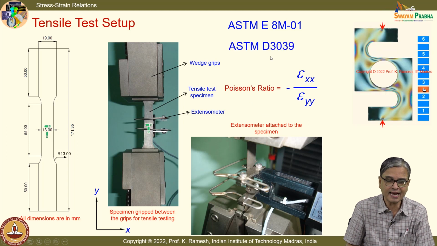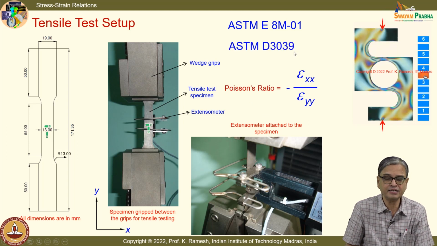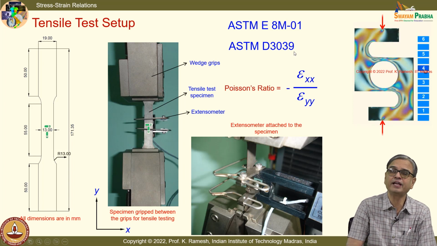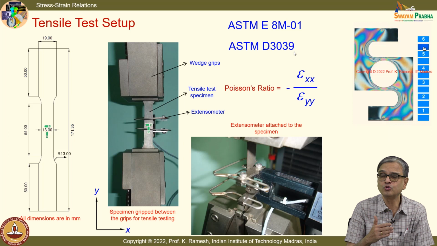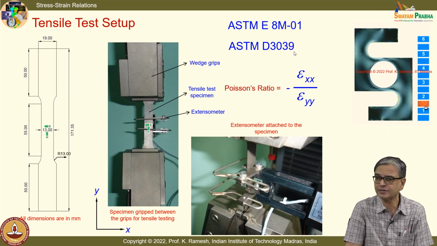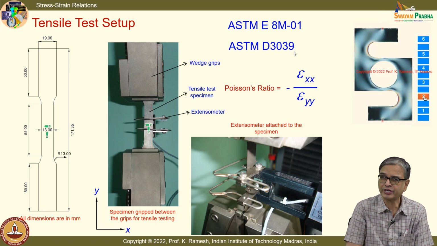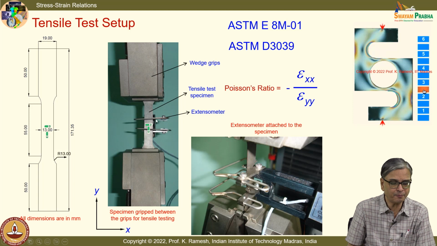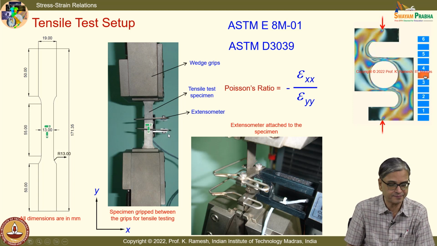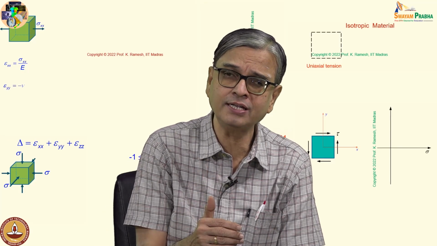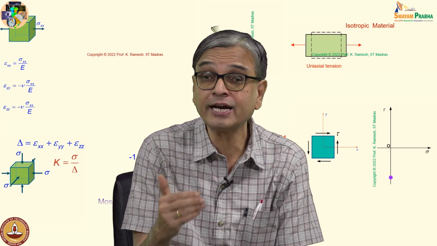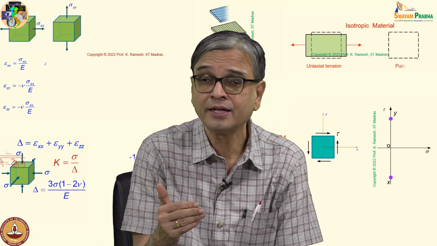And you have a standard, ASTM D3039, which explains the precautions that you have to take when you use two strain gauges to find out the Poisson ratio. Here I have simply put it on this, but when you follow the standards, you will not put the extensometer there. Fine. So, you should know how to get Young's modulus and also how to get Poisson ratio from a tensile test.